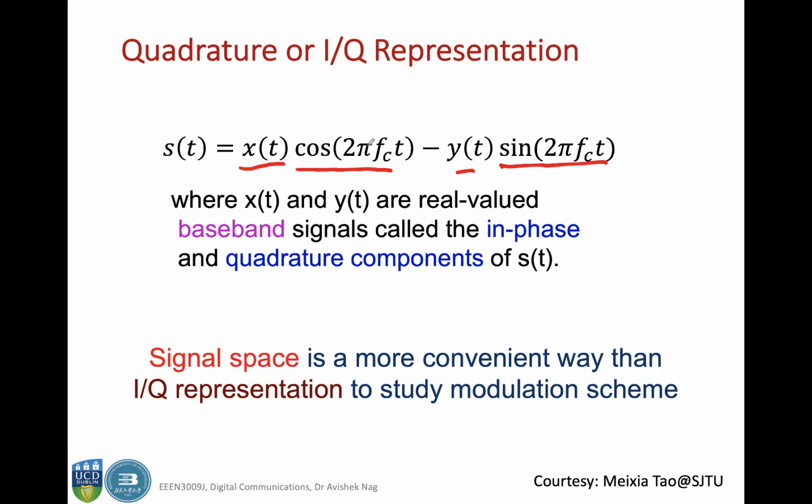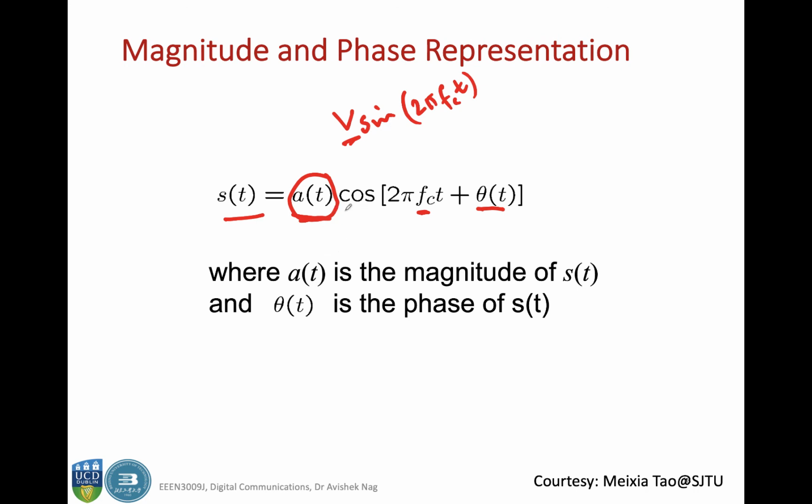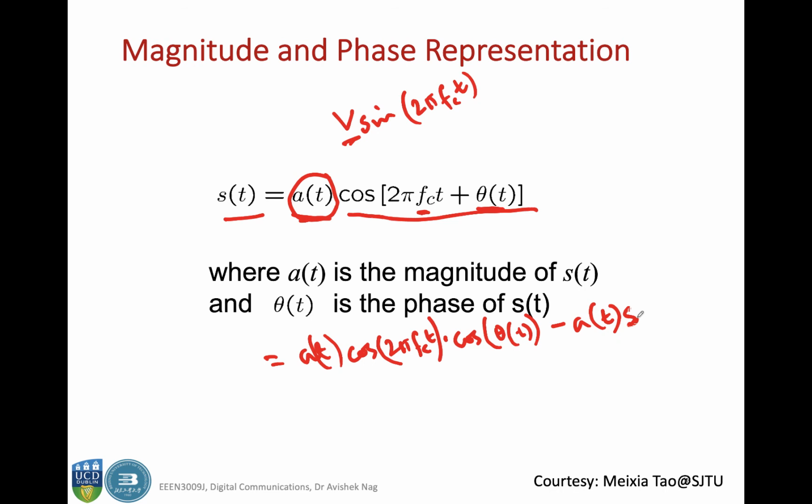If you see the magnitude and phase representation in the previous slide, if you just expand this cosine function using the usual trigonometric identity, then this signal will be A(t) times cosine of 2 pi fc t times cosine of theta(t) minus A(t) times sine of 2 pi fc t times sine of theta(t).